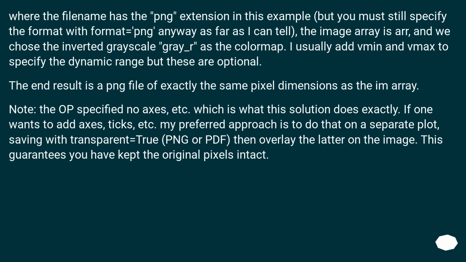As far as I can tell, the image array is M, and we chose the inverted grayscale gray_r as the color map. I usually add vmin and vmax to specify the dynamic range, but these are optional. The end result is a PNG file of exactly the same pixel dimensions as the M array. Note, the OP specified no axes, etc., which is what this solution does exactly.